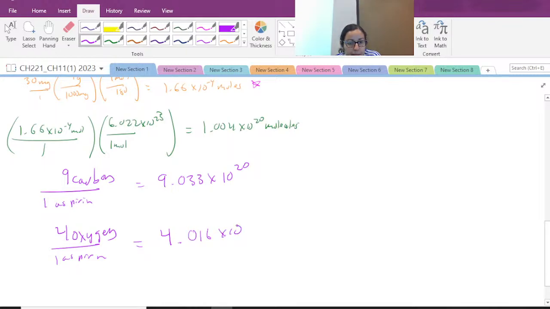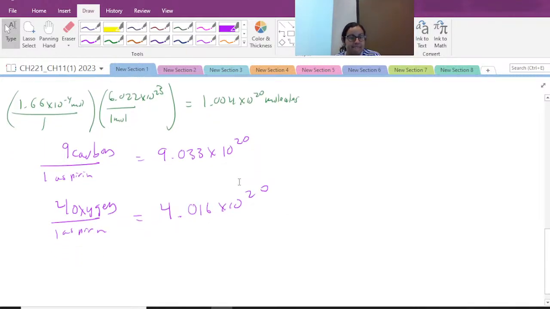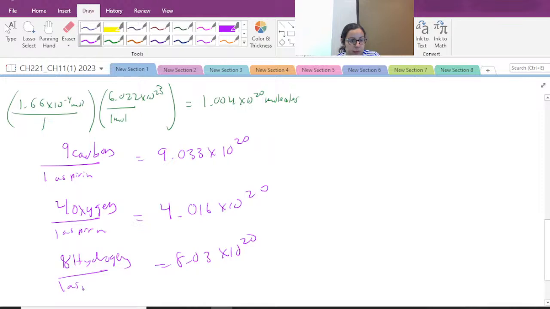So this would be 8.03 times 10 to the 20th. And then oxygen would be, this one I can do in my head, is 2.01 times 10 to the 20th.